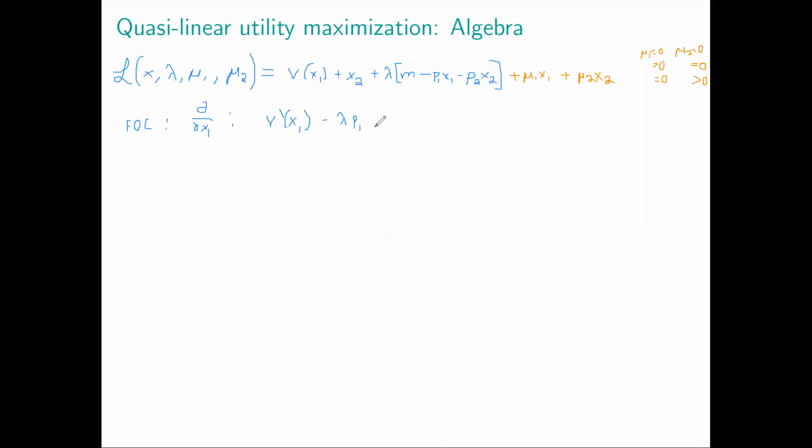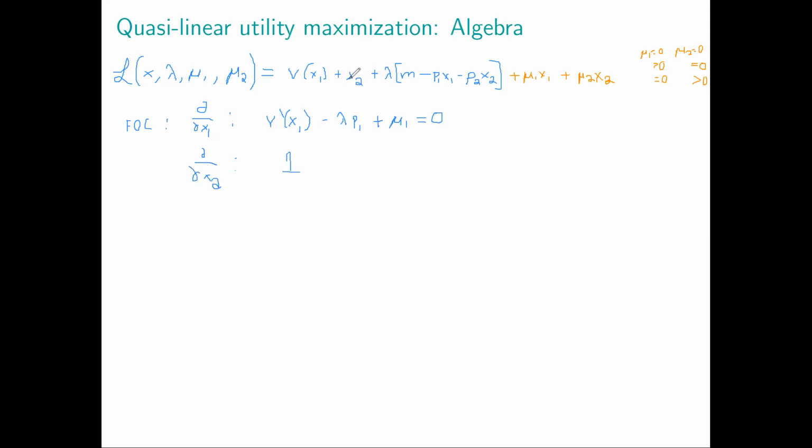and we're also going to do plus mu1, right? So this mu1 is the new thing here. We'll also look at the partial derivative of our Lagrangian with respect to x2. And in this case, it'll be actually a little nice because we'll just have a 1 here, right?